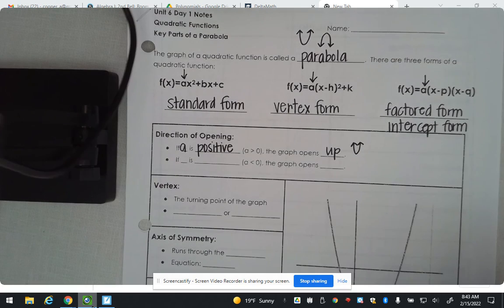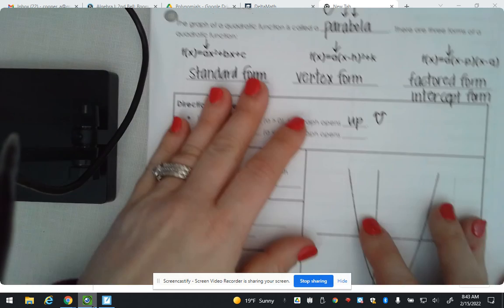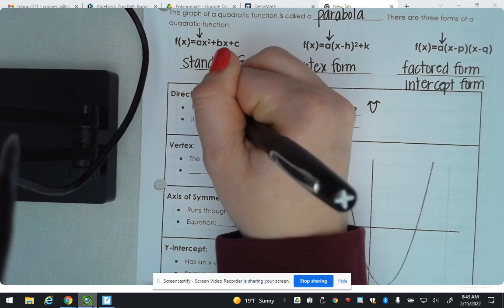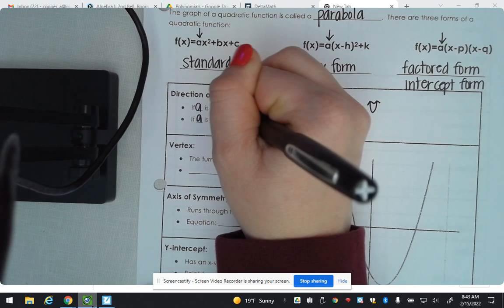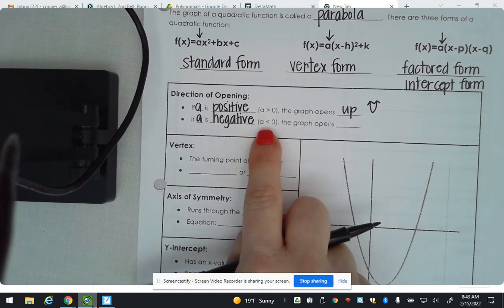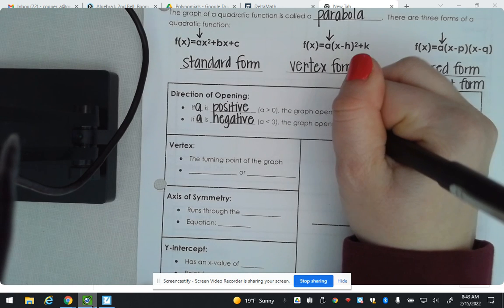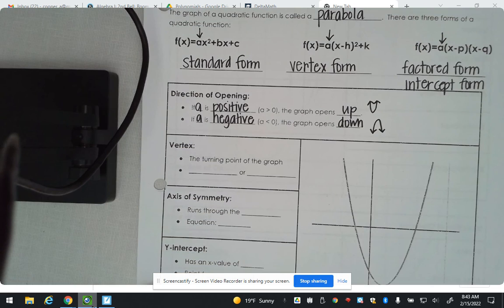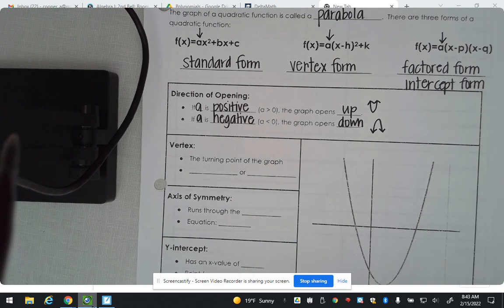Right? Now, what about if a is negative? A is less than 0. The graph is going to open down, sad face, up and down. Okay, cool. We get all that from a, even before we put anything in Desmos. Cool?